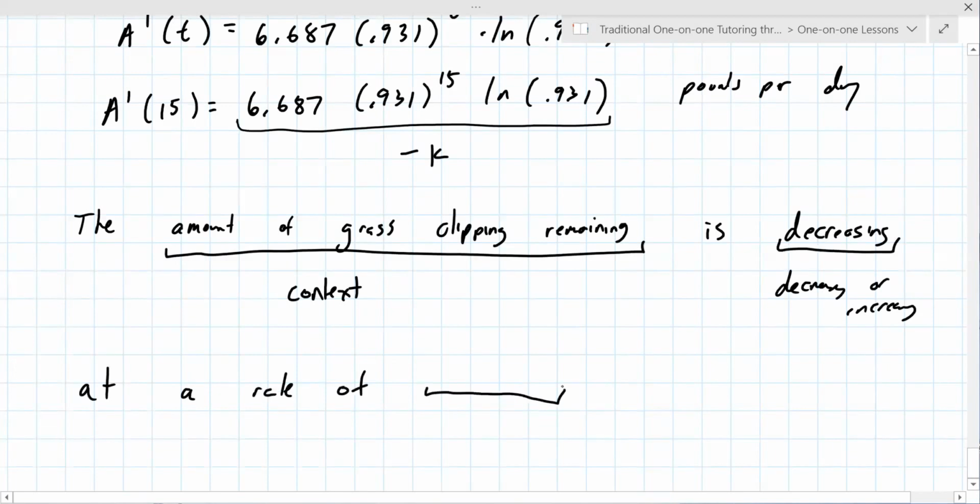and this is where you insert your number. But it's always positive here, because you wouldn't say that it's decreasing at a negative number. It would just be that k, whatever that number is that you get. Then rate of, and here you insert your units, pounds per day.